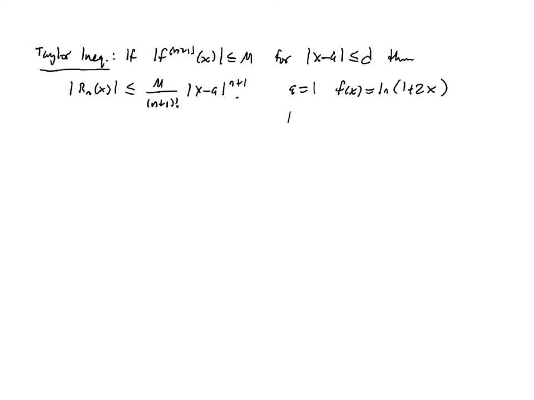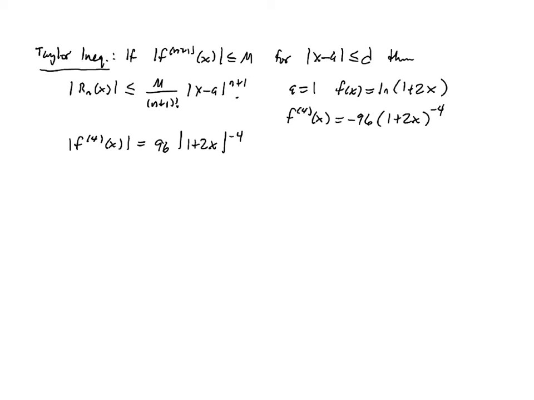So if you work it out, the fourth derivative of my function is going to be negative 96 times 1 plus 2x to the minus 4. And so when I take the absolute value of that, I get 96 times the absolute value of 1 plus 2x raised to the negative 4 power.